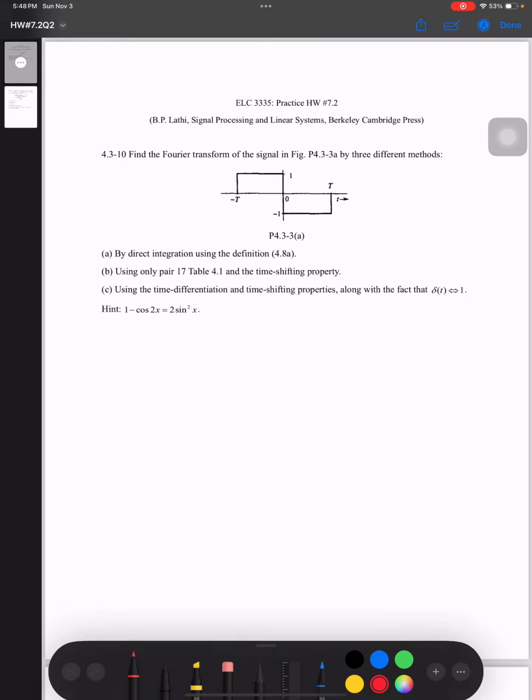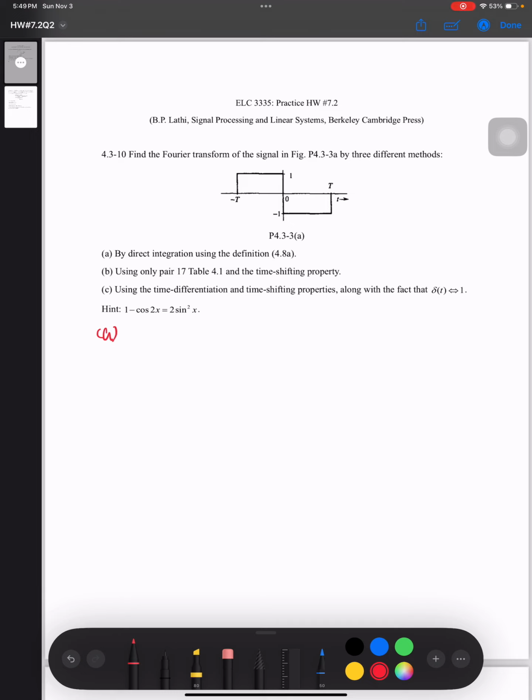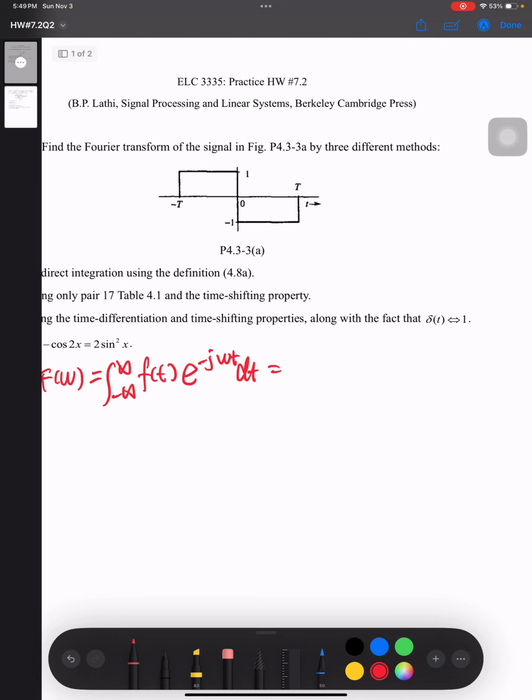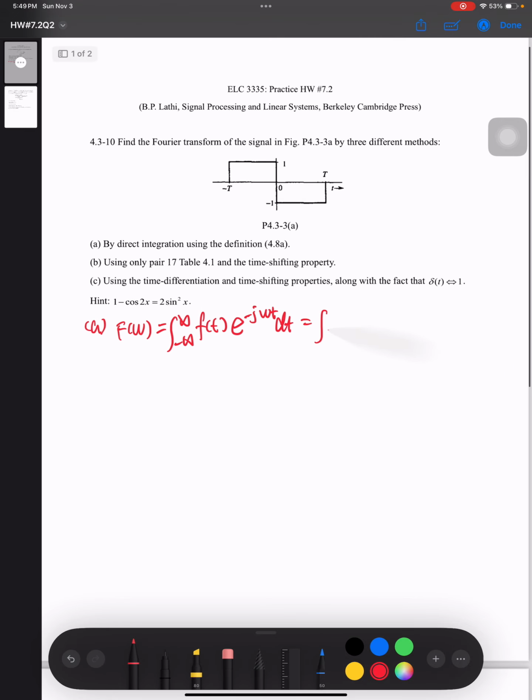First one is just directly the definition of the integral. So capital F(omega) is the integral from negative infinity to infinity of f(t) times e to the minus j omega t dt. Based on the figure, we can derive the integral from minus T to 0 of minus e to the minus j omega t dt plus the integral from 0 to T of e to the minus j omega t dt.